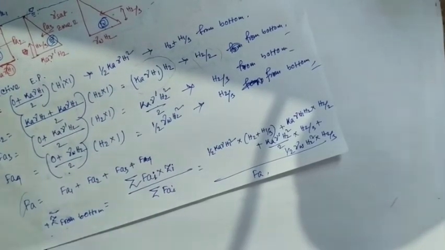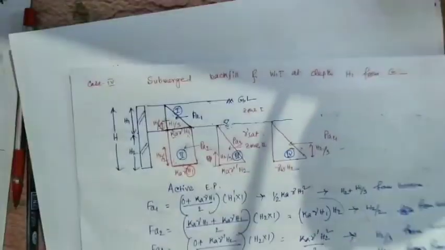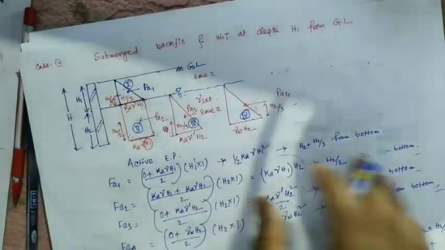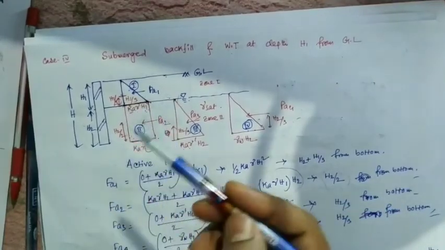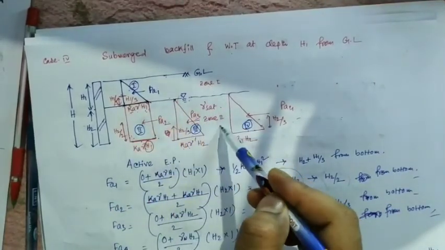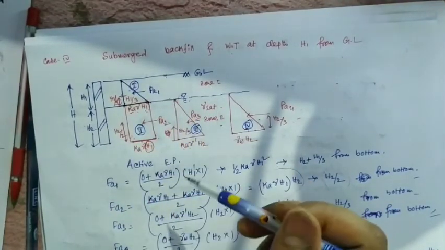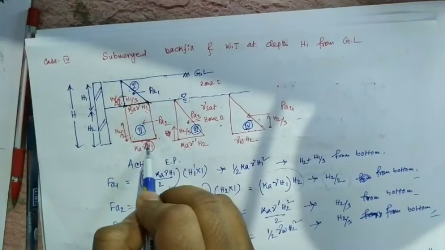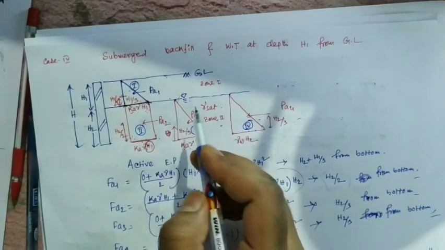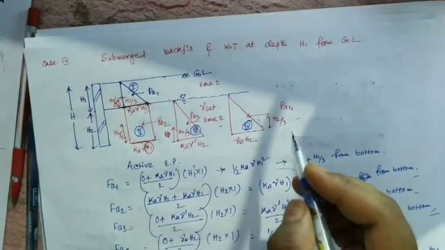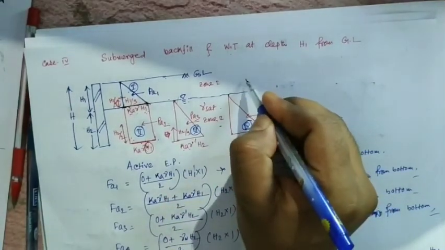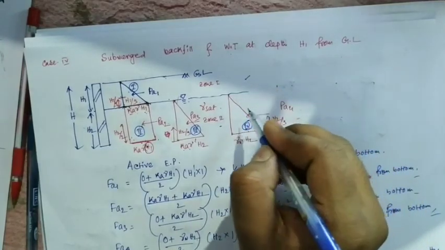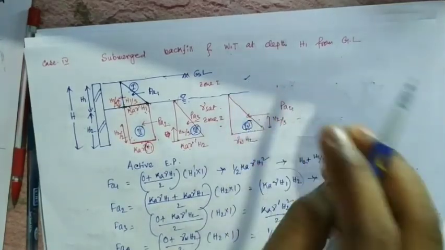So now coming to case 5. Now look, I assume that both soils in zone 1 and zone 2 are the same. So that is why the surcharge is the same throughout zone 2 also. But if the angle of internal friction changes, that means it is different for zone 1 and zone 2.